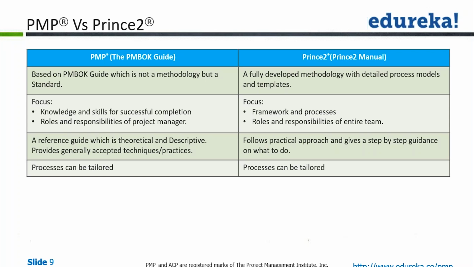Whereas Prince2 will tell you, okay, when you see this, apply the brake, slow down, or when you see this kind of pothole, take a diversion. So there is step-by-step guidance given.